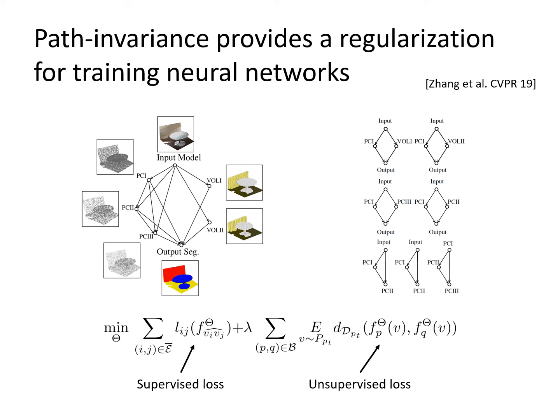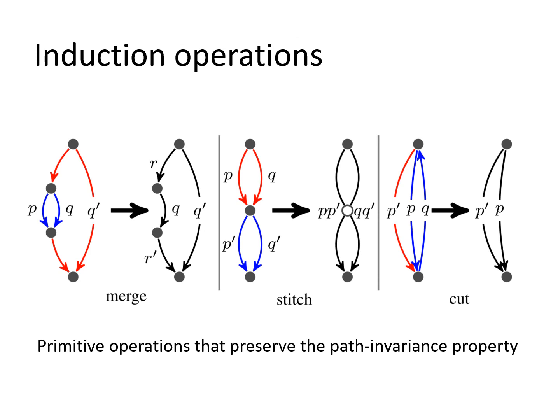Now we go back to define the path-invariant basis. The critical task is to define what induction really means. Here we summarize three primitive operations, simple ones: merge, stitch, and cut. Cut is very special for directed graphs.